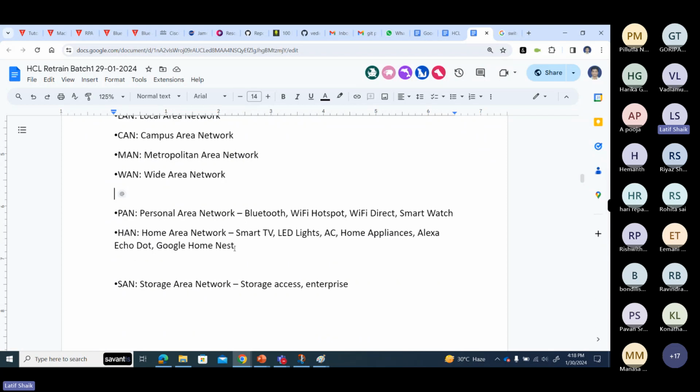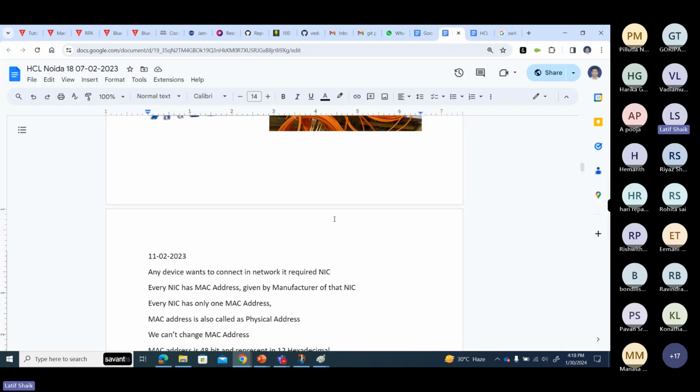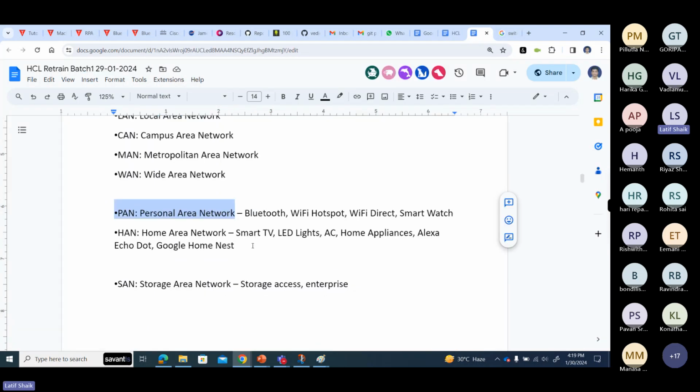But people keep on adding more, even though it is in the syllabus, because I never hear these things. What is more reasonable is personal area network, because nowadays people have so many personal devices. I have a mobile phone, Bluetooth, hotspot.